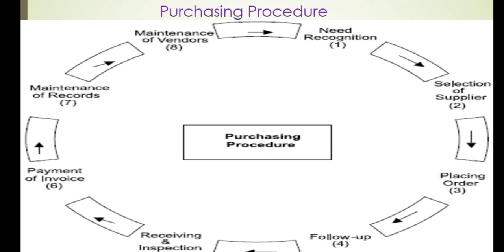Next, follow up of the order. The follow up procedure should be employed wherever the cost and risk resulting from the delayed deliveries of materials are greater than the cost of follow up. The follow up procedure tries to see that the purchase order is confirmed by the supplier and the delivery is promised.